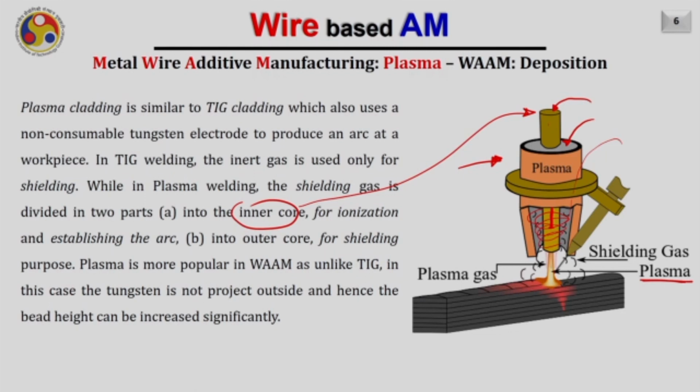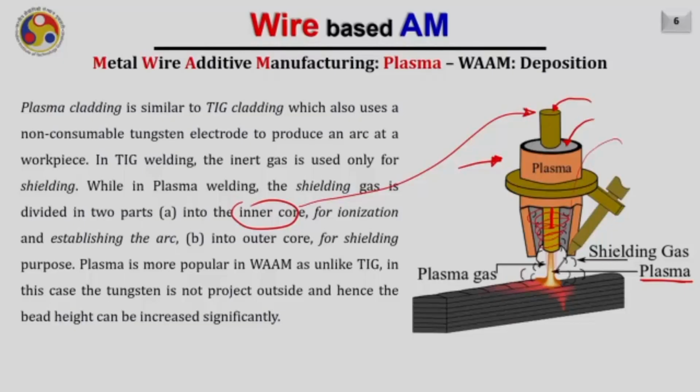So plasma is actually more popular in WAAM as compared to TIG, because there is no protruded tungsten outside the nozzle. Just the plasma gases are coming, and there are no issues of the wire hitting the tungsten. Therefore, plasma is more popularly used in WAAM.